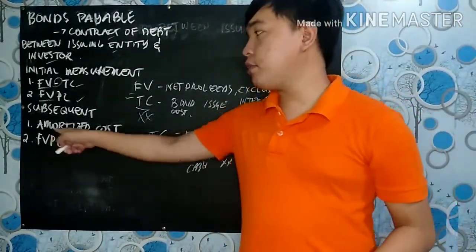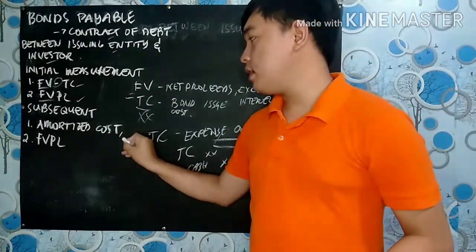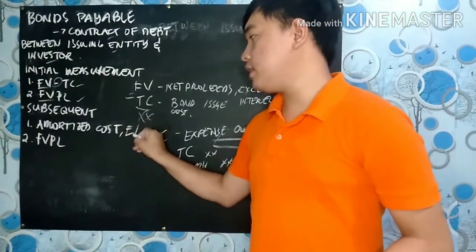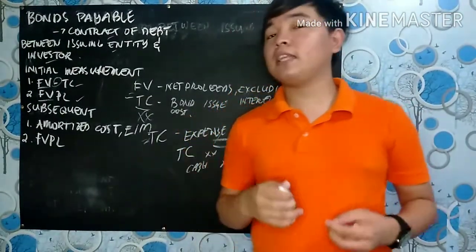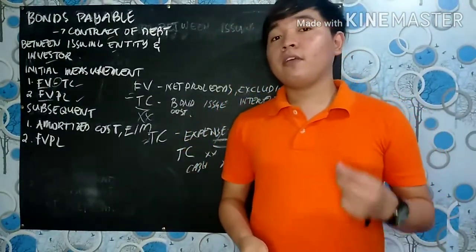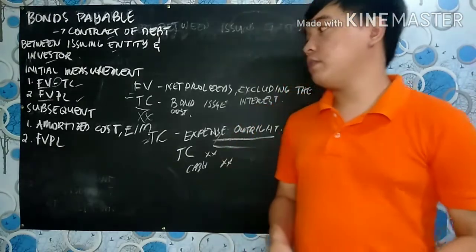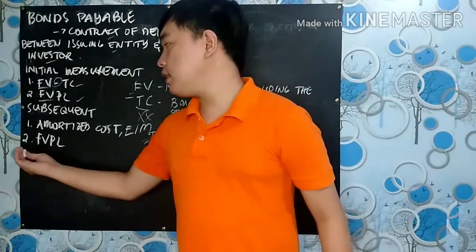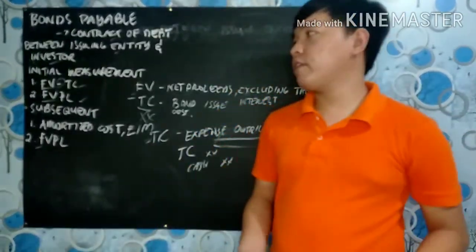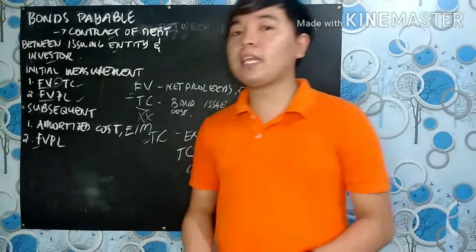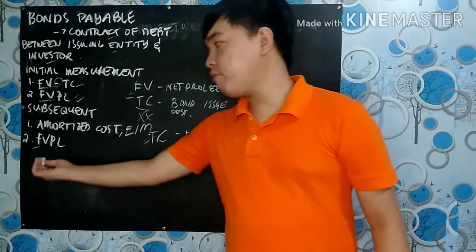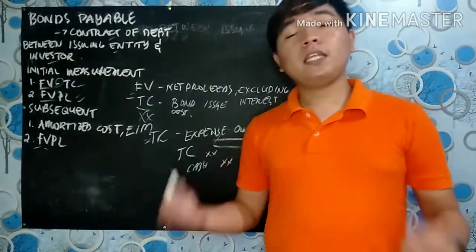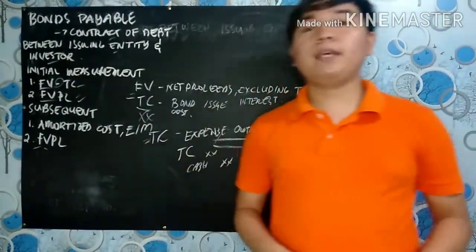Number 1 is the amortized cost using the effective interest method. So, effective interest method po ang gagamitin natin in amortizing the premium or the discount. Secondly is the fair value through profit or loss. So, kapag ang ginamit nating initial measurement is FVPL, of course, subsequently, FVPL din yung subsequent measurement natin.